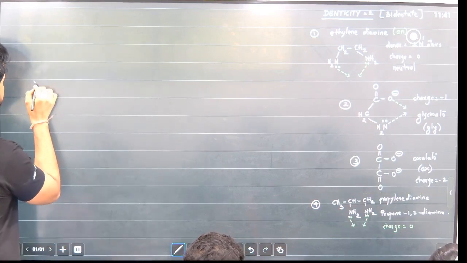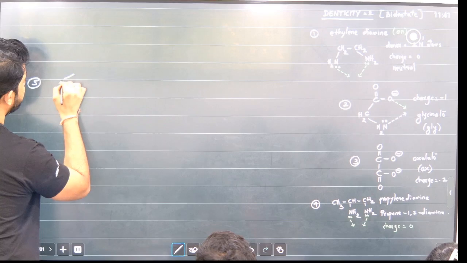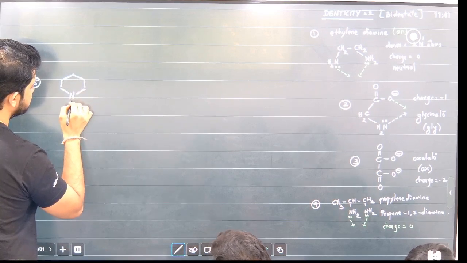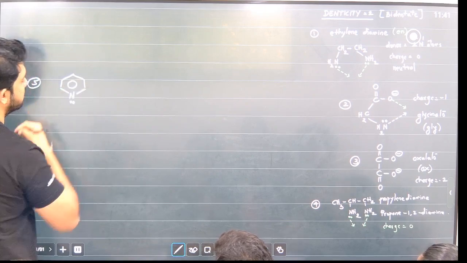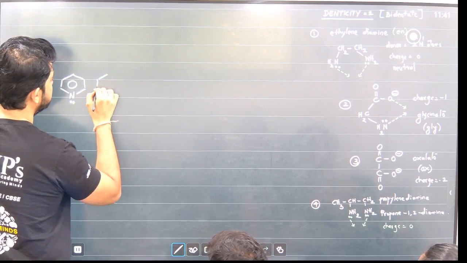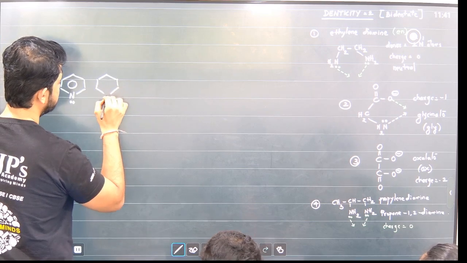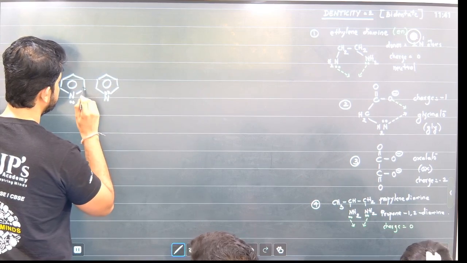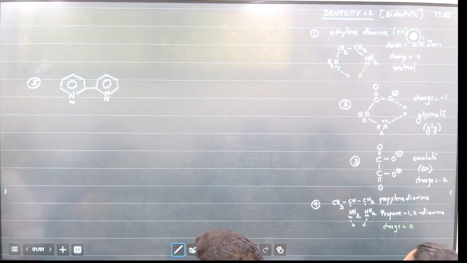Next, what was the nomenclature for this? This is called as pyridine. What about this? Give me the nomenclature for this.